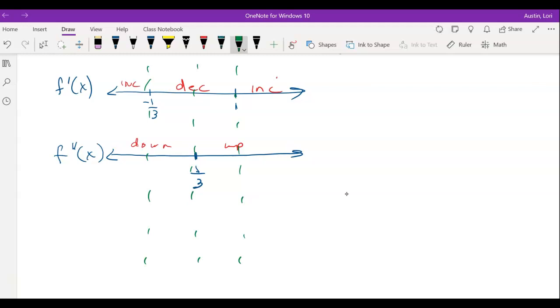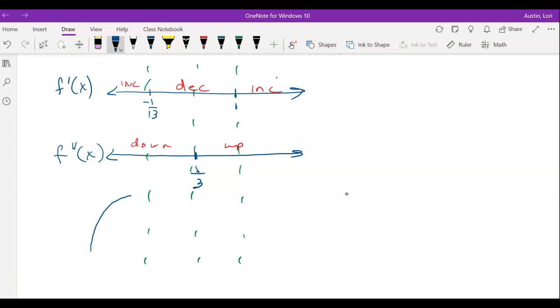So watch. First one, I'm increasing, but I'm concave down. I want you to stop and think what that looks like. I'm increasing, but I'm concave down. Doesn't that look like that? It gives you a place to start to sketch it out.